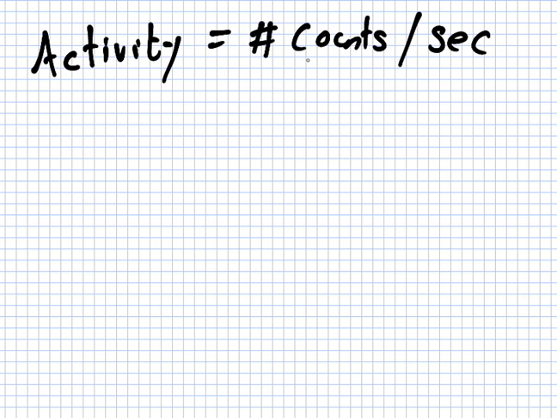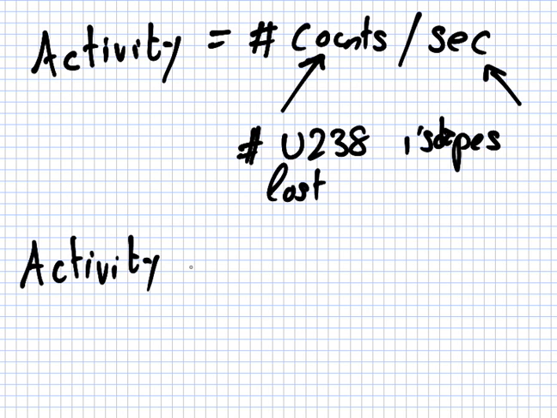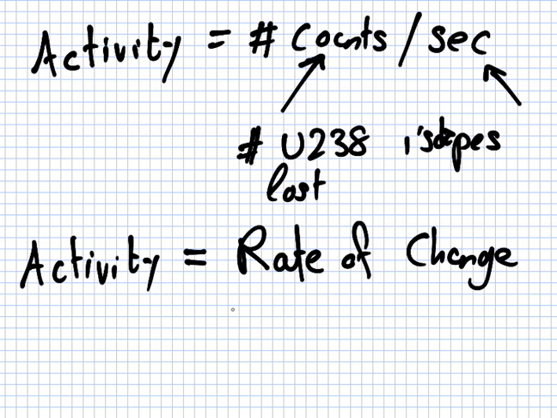Okay, so this is here, and this count here, in my example of uranium, is the number of uranium-238 isotopes lost, and then this here is of course per second. So it's clear enough. But another way of describing activity, that's one way of describing it. Yeah, we usually use just A. Activity is also the rate of change of n.